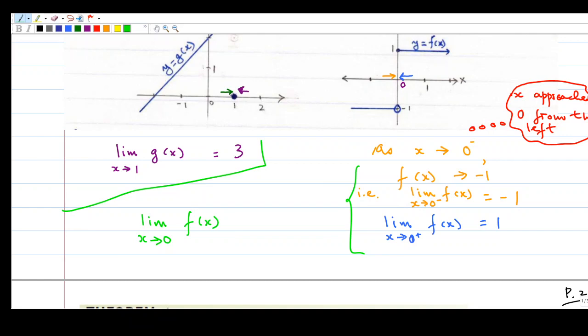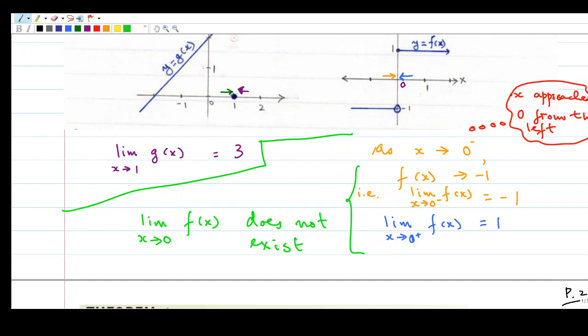Two different outputs. So the limit of f of x as x approaches 0 does not exist. That's an important problem.